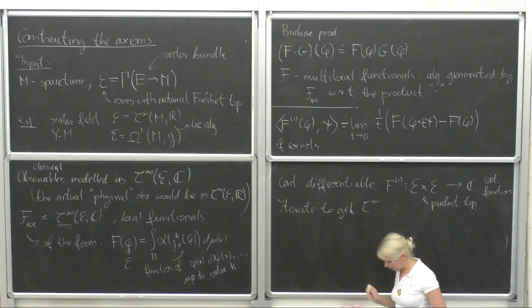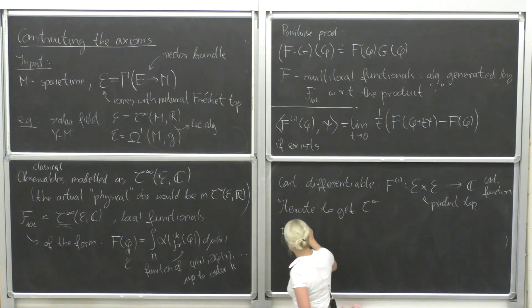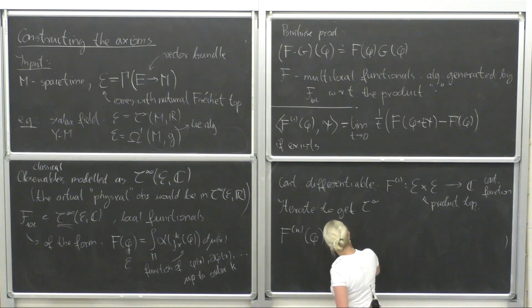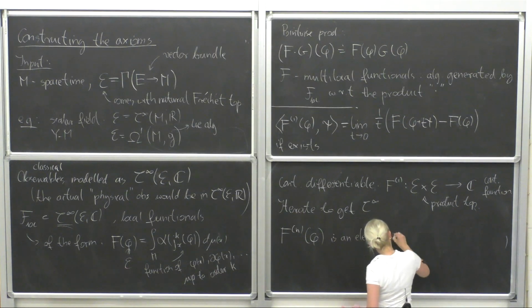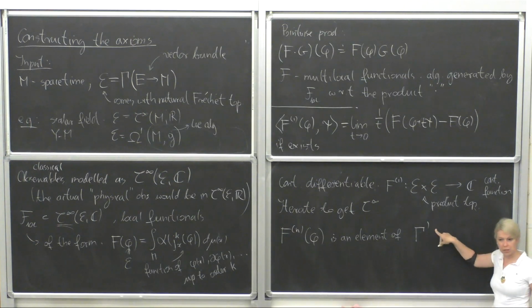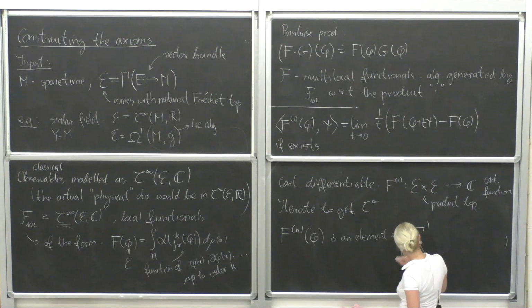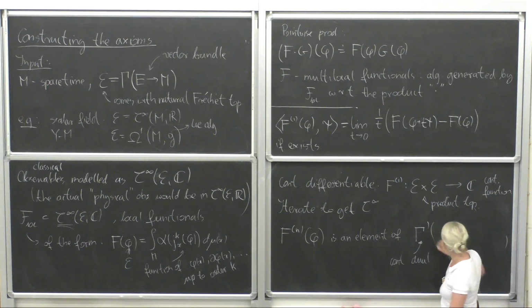So why am I talking about it? I'm talking about it because I wanted to say that the nth derivative at a point is an element of the space of distributional sections. So this dash is the continuous dual.